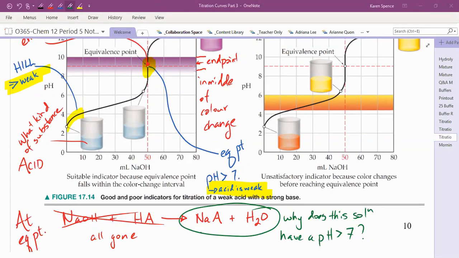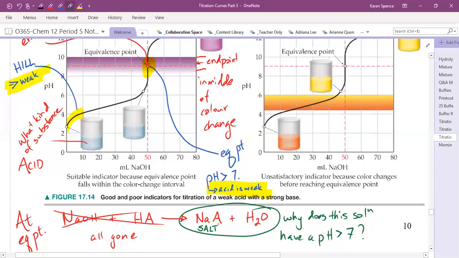Need a little review there? Ooh, yes, there is hydrolysis. Absolutely. You will always, as a result of neutralization, have water and a salt.